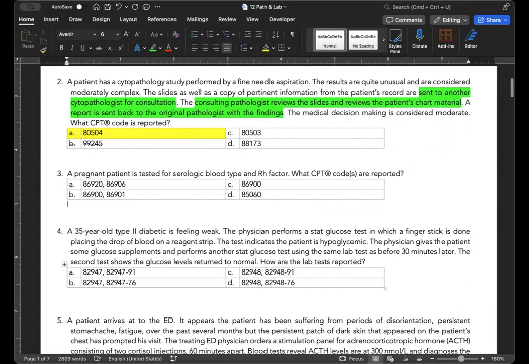Okay. Number 3, we have a pregnant patient is tested for serologic blood type and Rh factor. So what CPT code or codes should we report? So in this one, we have two options that have the same code. So let's go look at 86900.